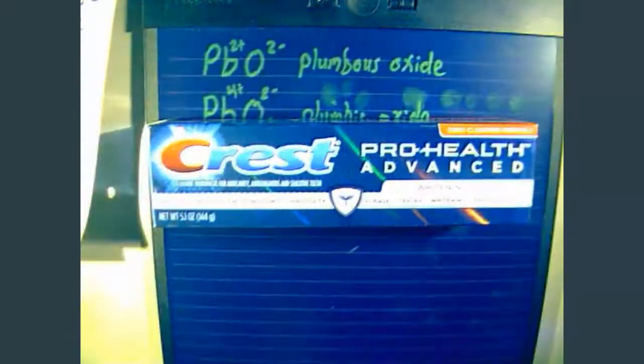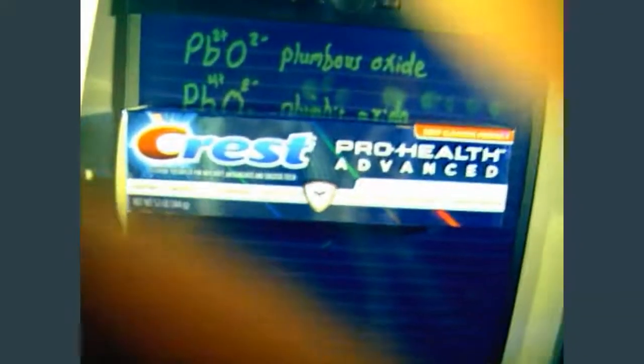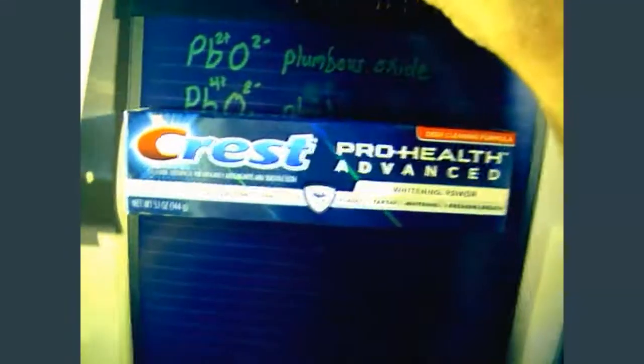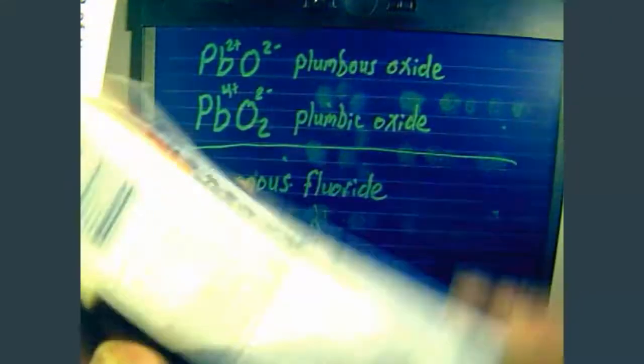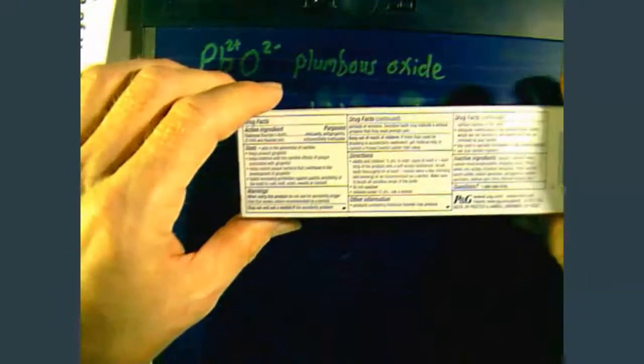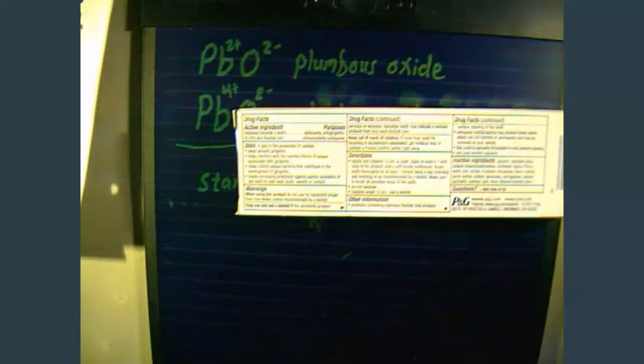However, here we have a box of Crest Pro Health Advanced toothpaste. Let me fix the focus a little bit, see if we can get that to focus in a little bit better. And if I flip it over and we look at the active ingredients, it states here stannous fluoride.